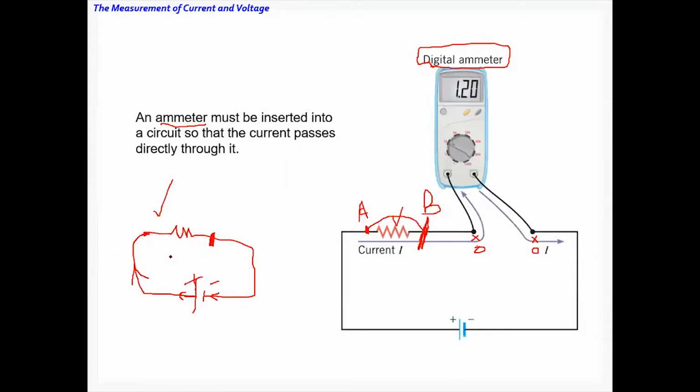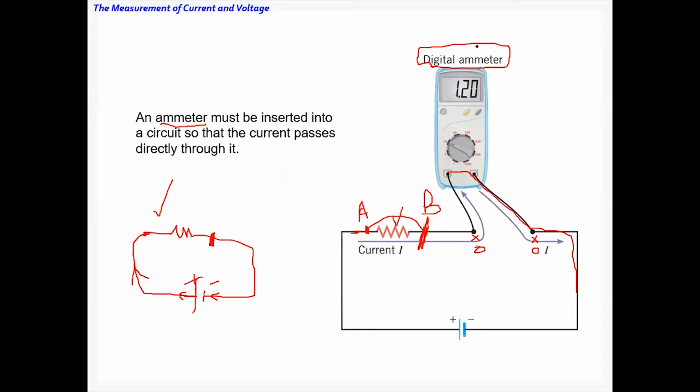Okay, but in this case, the same current passes through the resistor and the ammeter. Suppose the current here is 1 ampere. Then the same 1 ampere passes through the ammeter and comes back here again. It's the same current.